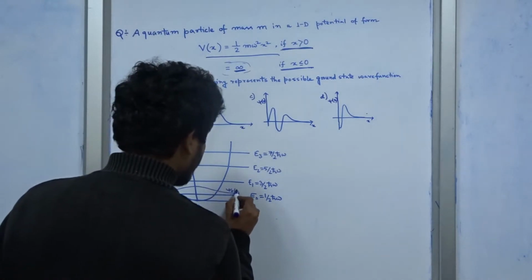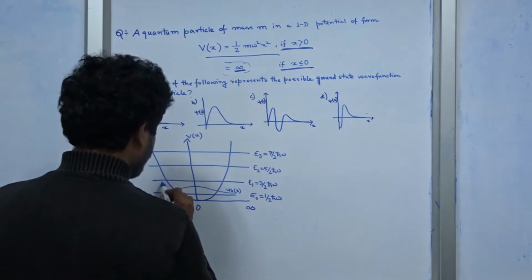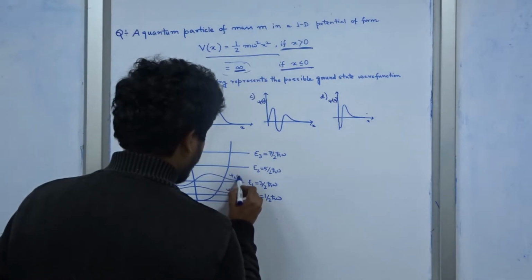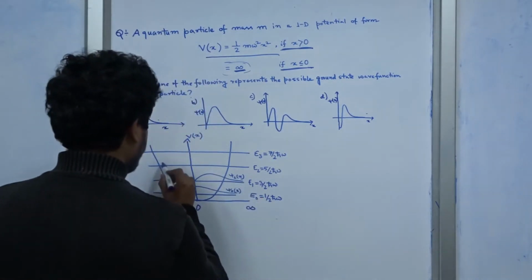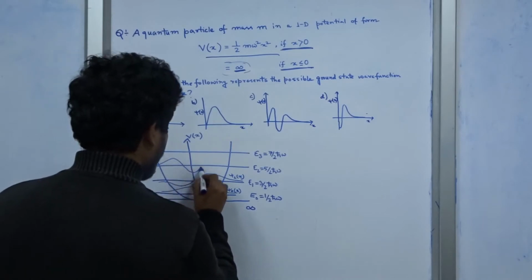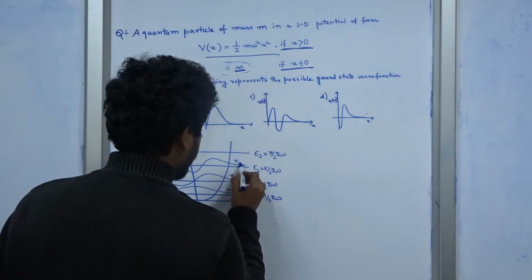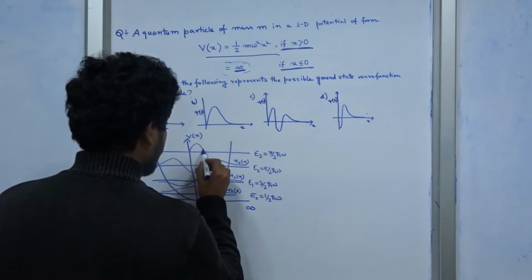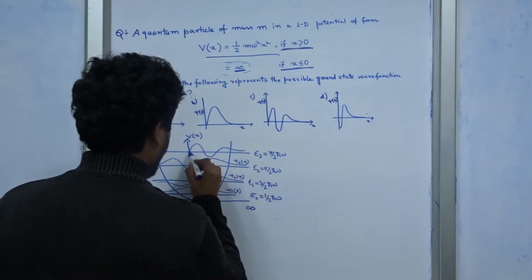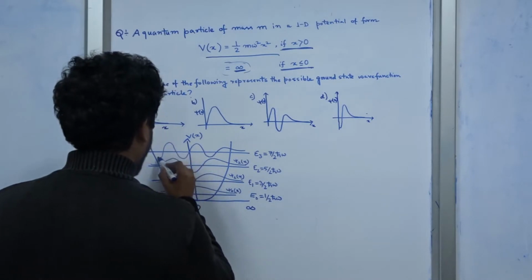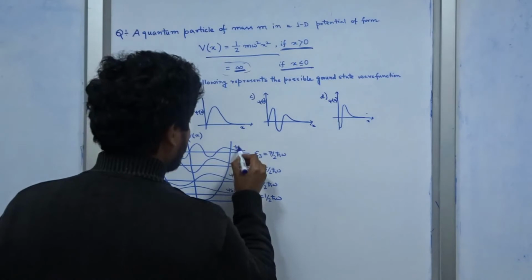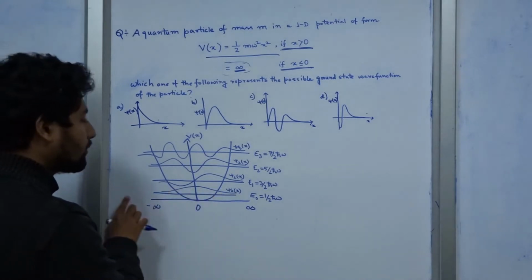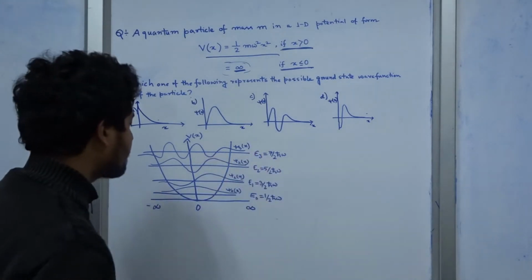This is psi 0 of x. Next one, psi 1, and this is how psi 3 of x looks. So this we know. This is the harmonic potential wave functions, with different energy levels.